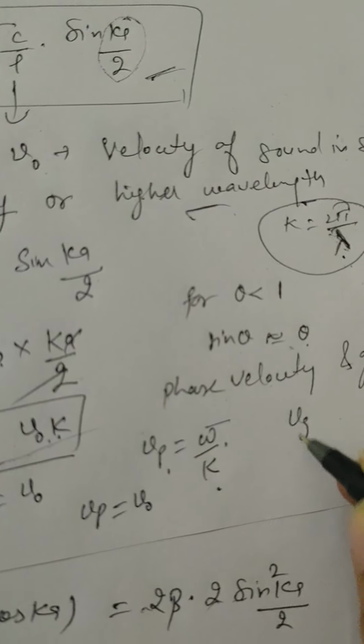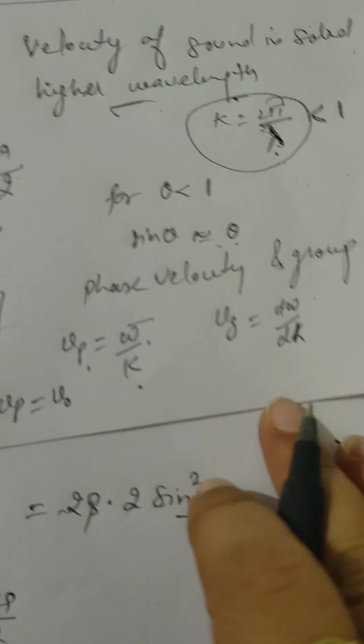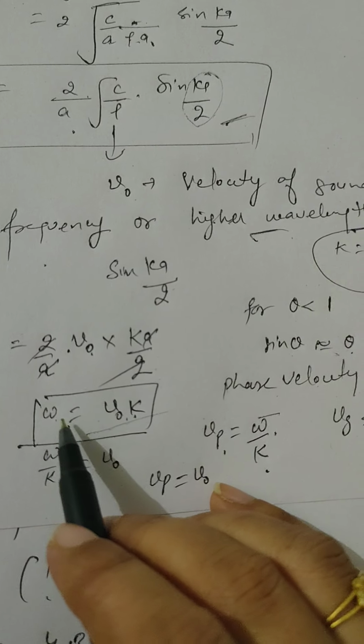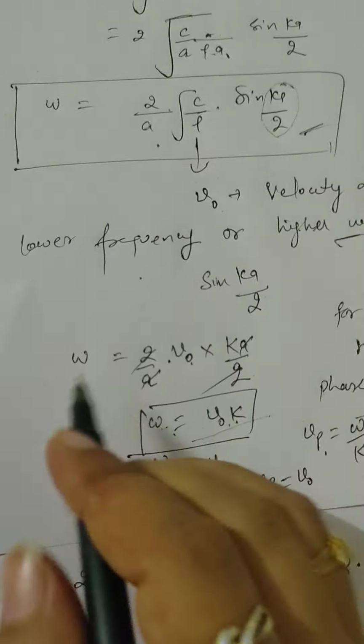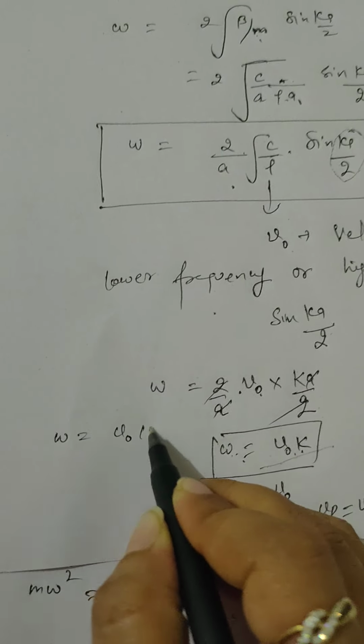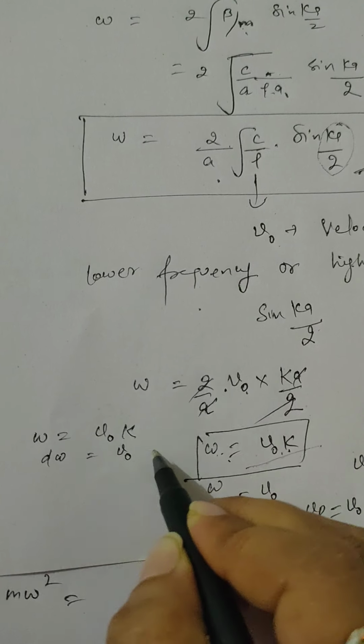Group velocity is equal to d omega by dk. If I take the differentiation of omega with respect to k, omega is equal to v naught k. So d omega is equal to v naught into dk.